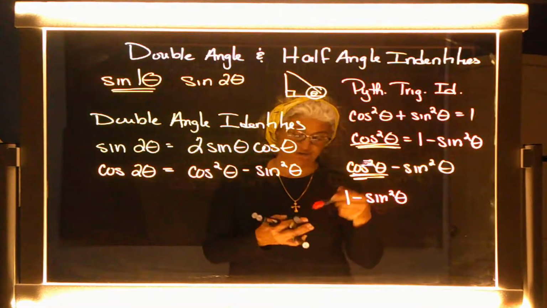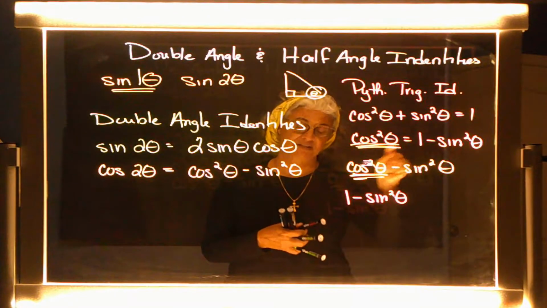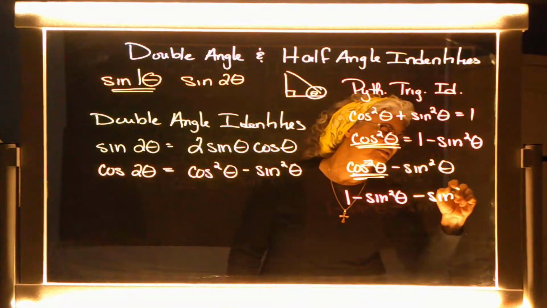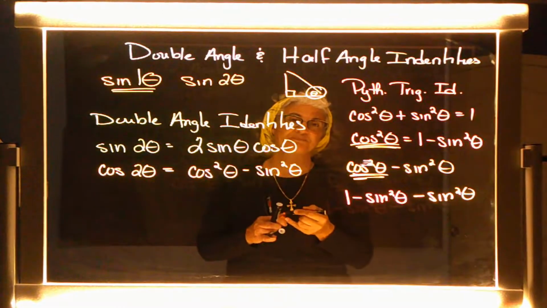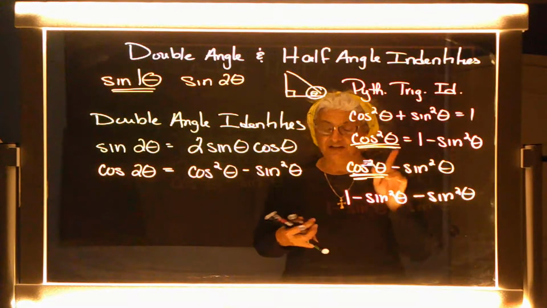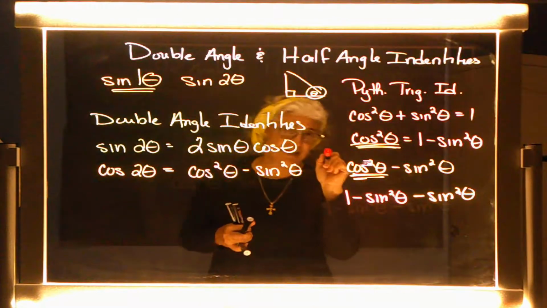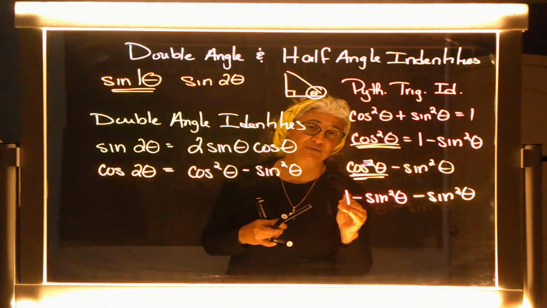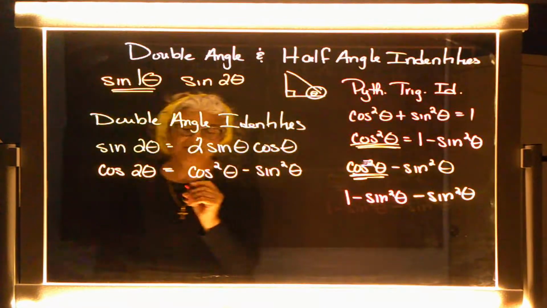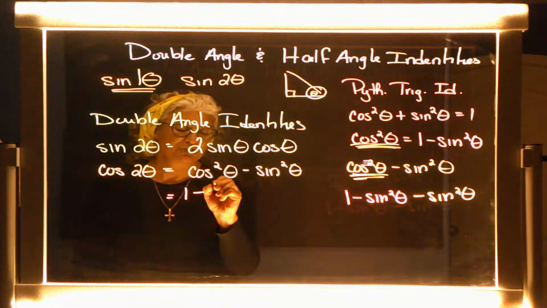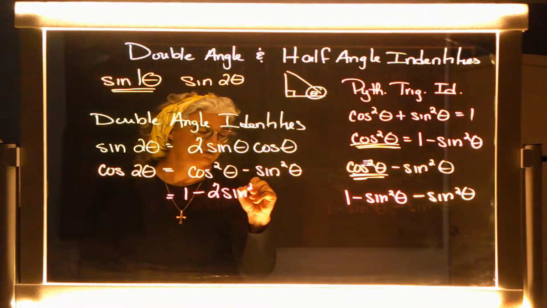If I take this cosine of 2 theta, which is cosine squared theta minus sine squared theta, and I substitute cosine squared of theta with 1 minus sine squared theta, so 1 minus sine squared theta, right? That takes the place of cosine squared theta because of the Pythagorean trig identity. And then I subtract this other sine squared theta, right? I have 2 terms I can combine, don't I? Which means another way to write the cosine of 2 theta, another way to reduce the cosine of 2 theta back to a single angle, is 1 minus 2 sine squared theta.